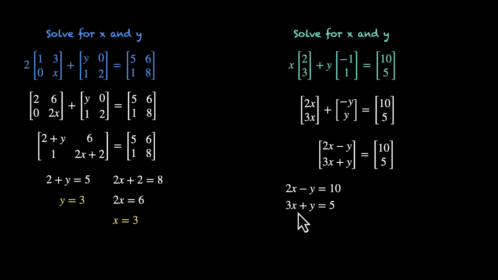The next one is 3x plus y equals 5. Now let's solve for x and y. Let's eliminate y. Add these two, we'll get 5x equals 15 or x equals 15 by 5, that's 3. Now we can plug back x equals 3, we get 6 minus y equals 10 or y equals 6 minus 10, that's minus 4. So x is 3 and y is minus 4.